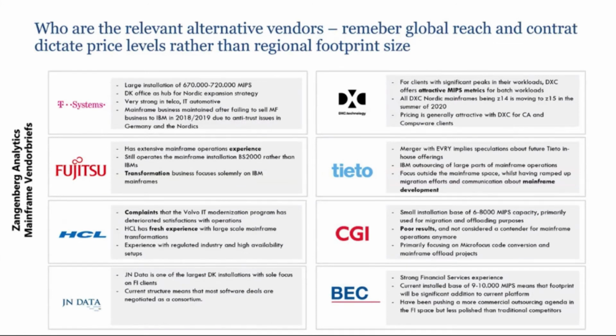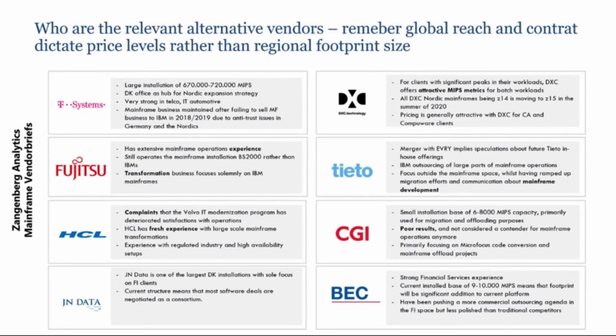TCS is a new player in the Northern European space, and has aggressively targeted a lot of the financial services players, defined slightly broader than banking, in this case with insurance and pension firms as the core of that expansion, building on a small IBM footprint that they established last year. So we're seeing them becoming a player.